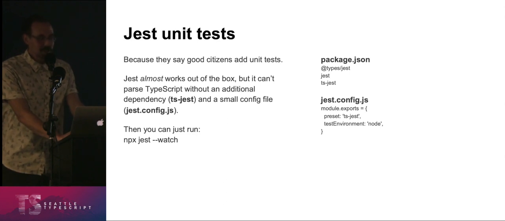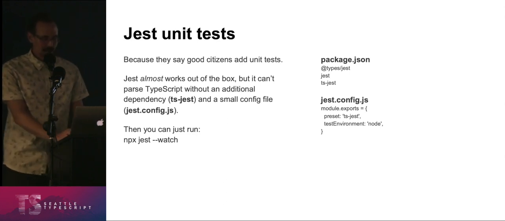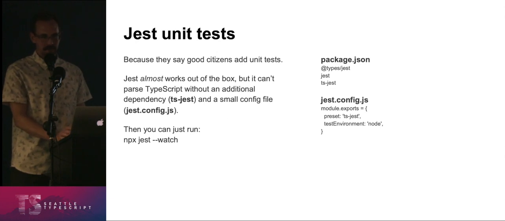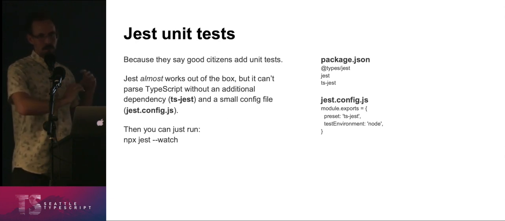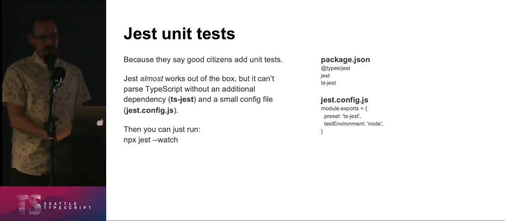So Jest actually almost works out of the box, but it cannot parse the TypeScript files without one additional dependency. So a third party wrote this ts-jest package that does most of the configuration for you, which is nice. And then you can just run Jest, watch for changes, and everything works.